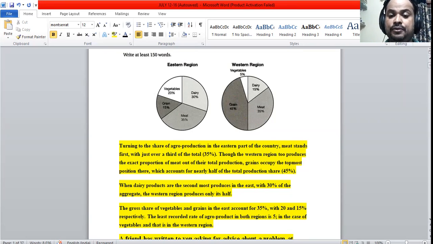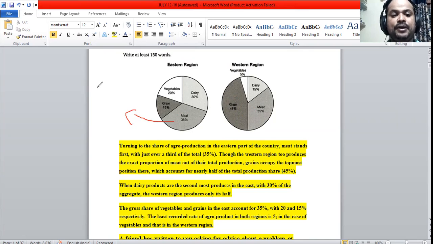If I am producing 30 tons of meat in the eastern region, it may be 70 tons in the western region. Though the proportion is the same, you might not have understood this particular thing. So here I can say that the meat is 35% out of the total.